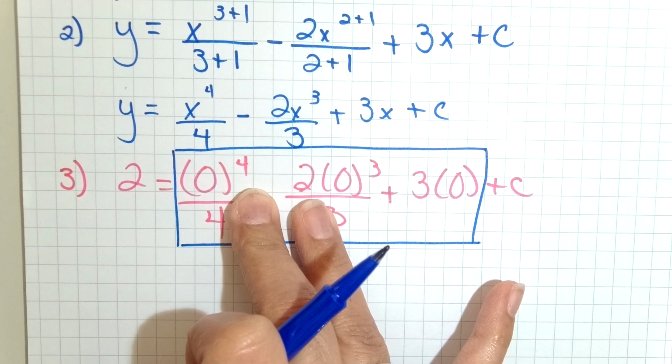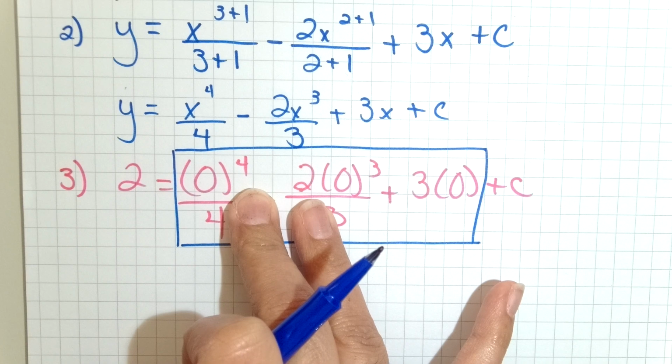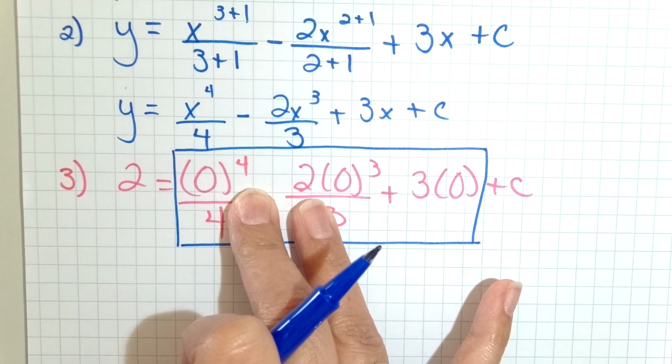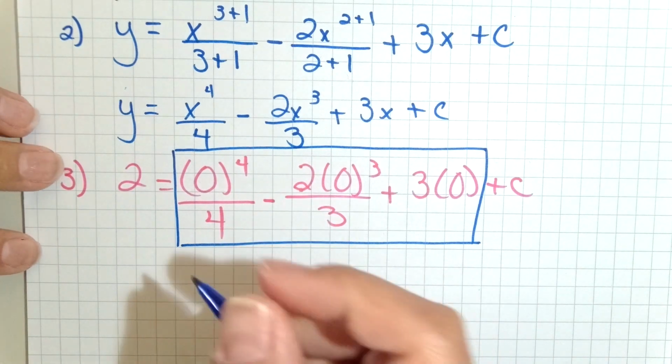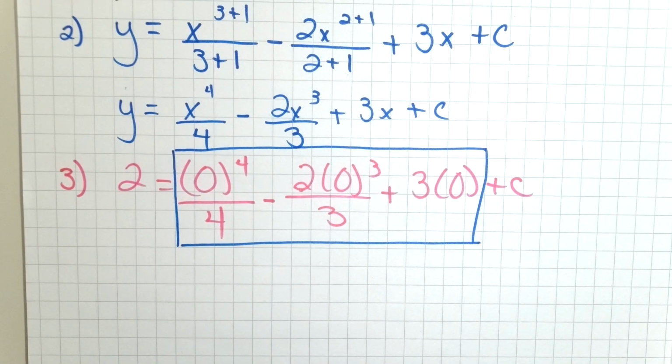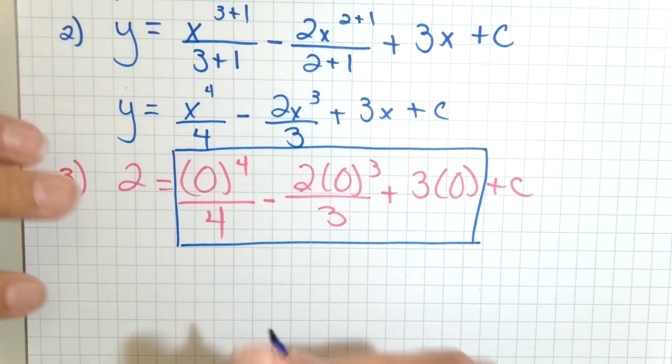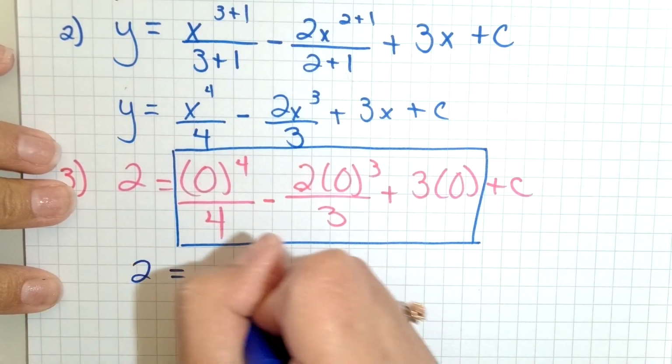Does that mean that's going to be the answer? Yes, that's what C is going to be equal to. But sometimes, like in our first example, we had to actually solve for C, right?